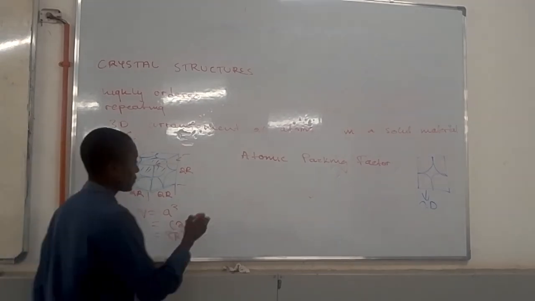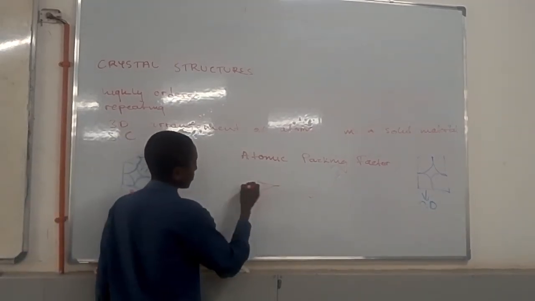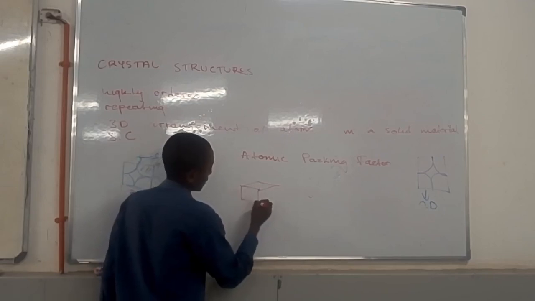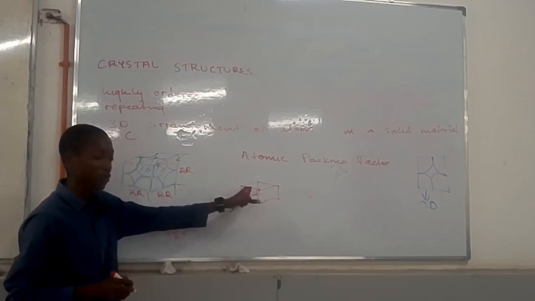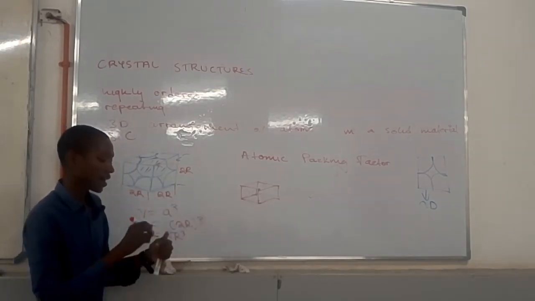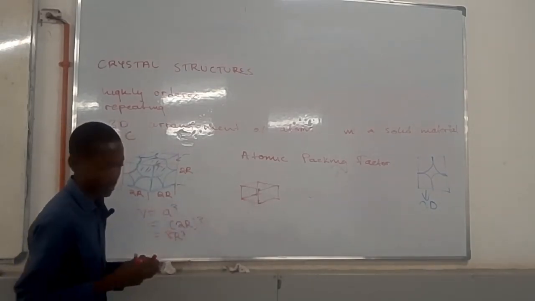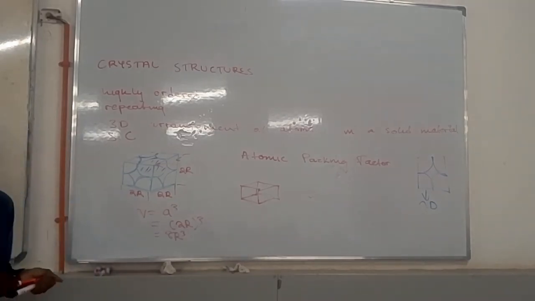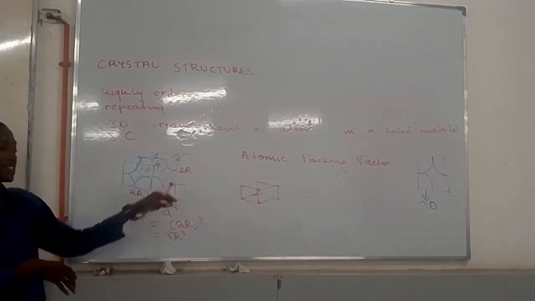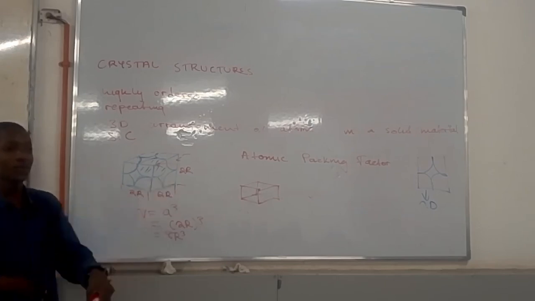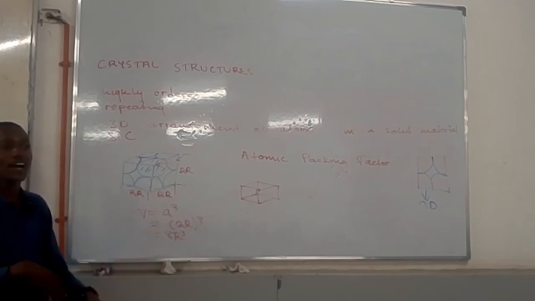So if we think of a unit cell as a box, how much space have the atoms occupied inside this box? Inside this box we are putting what? Atoms. How much space are the atoms taking inside the box?